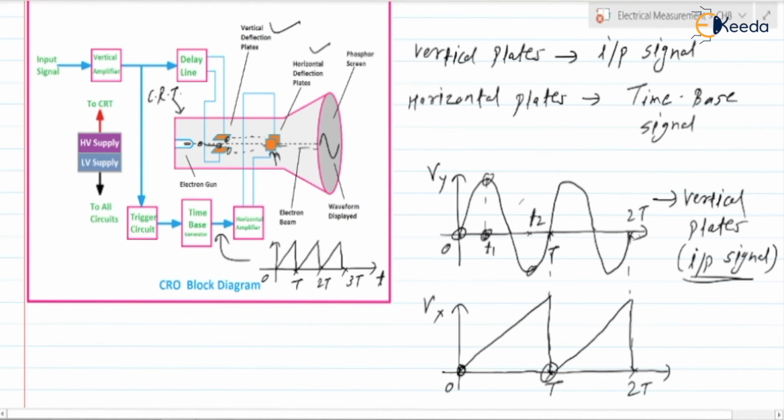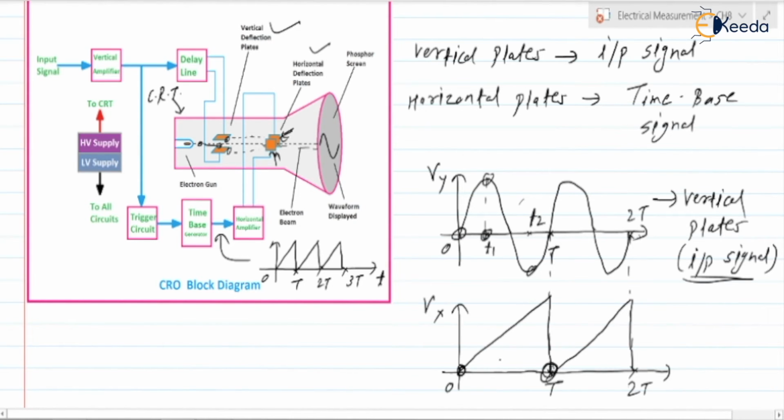Corresponding to this point, the electron will take a position near the rightmost plate, whereas at t equal to 0, it will be passing nearer to the leftmost plate. So here we have the horizontal deflection and the vertical deflection of the electron beam. Are you getting the point?